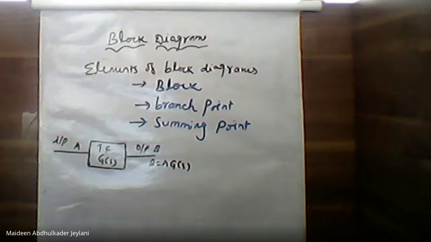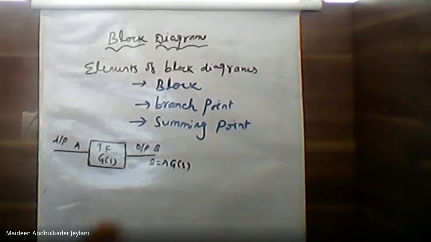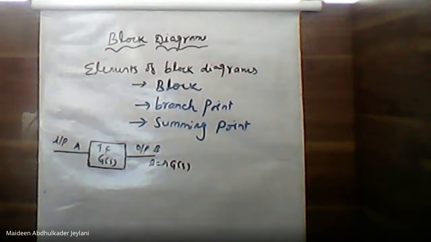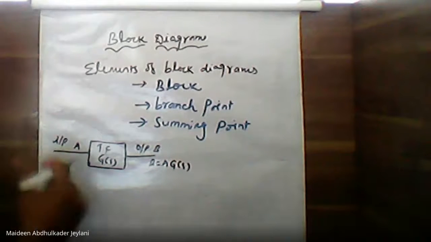So in a block diagram, all the system variables are linked through the functional blocks. The functional block is simply a block for the mathematical operations on the input signal, which produces the output. The transfer function of the components usually enters into the corresponding block, which are connected with arrows.